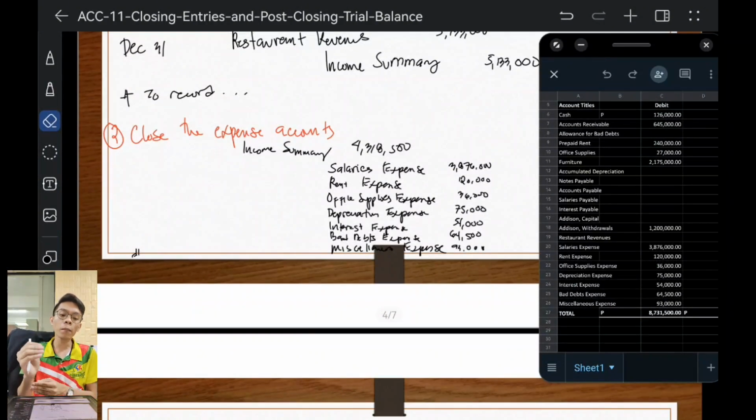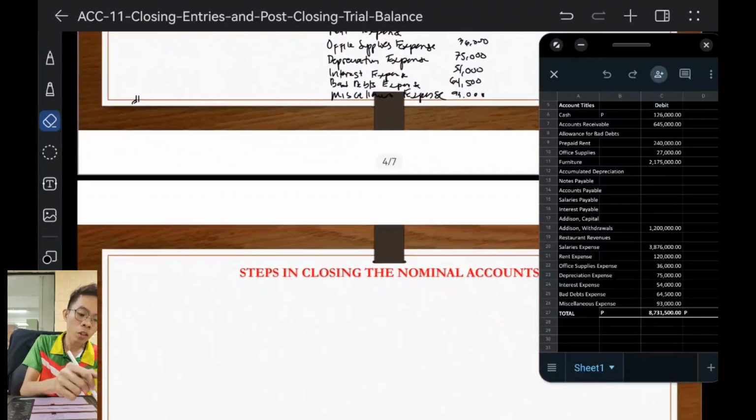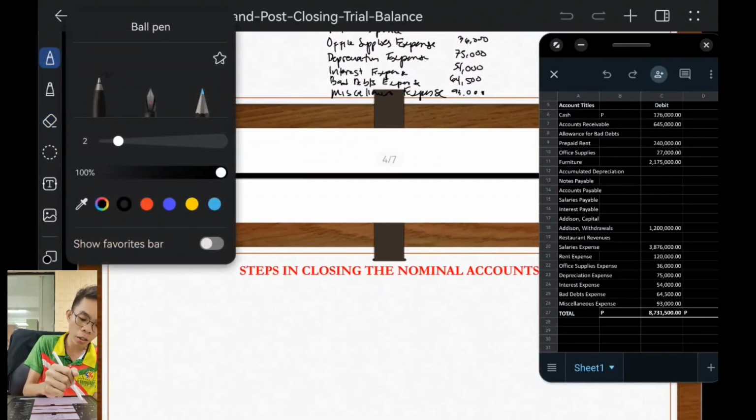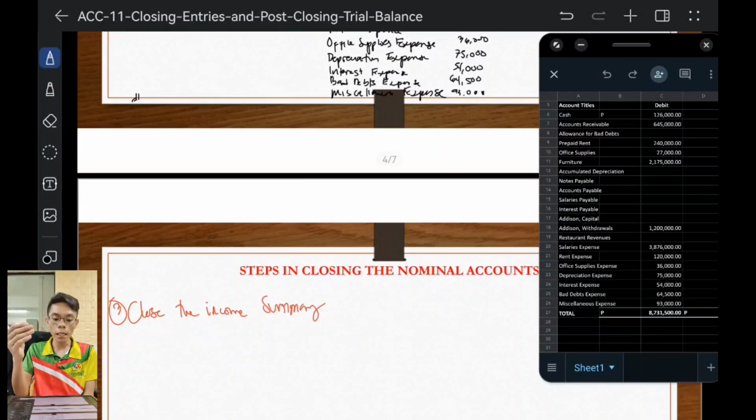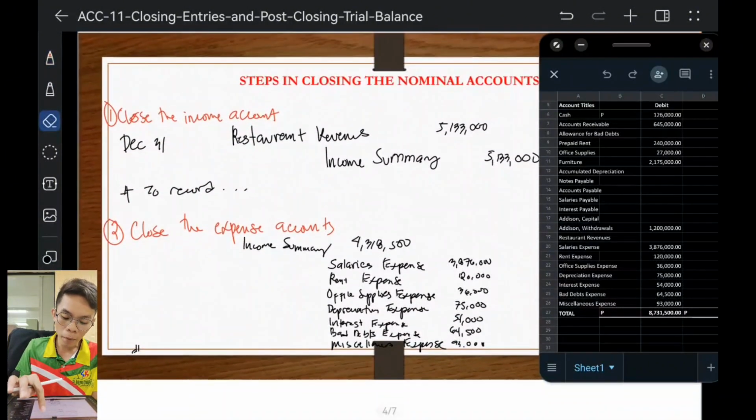So the third one that we need to close here is the income summary. So where do we close the income summary? To the capital. So which is higher, the debit or the credit?